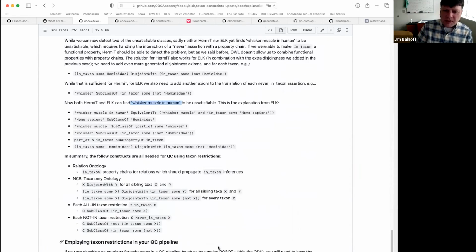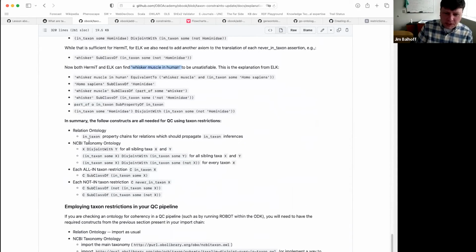And so just to summarize all of that, so that we can keep straight what we need in every ontology QC pipeline to make all this work: you need the property chains from the relation ontology. For the taxonomy ontology, you need three kinds of disjointness statements. So this can all be generated ahead of time and downloaded from the taxonomy ontology.